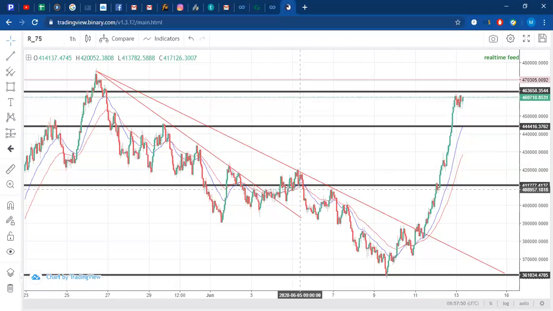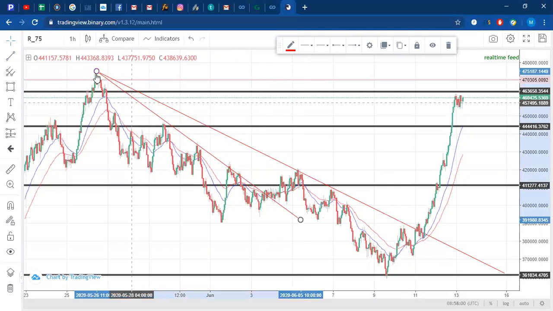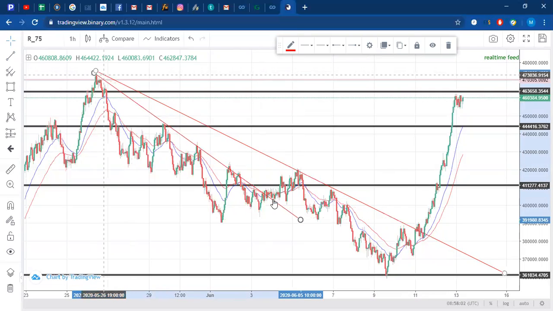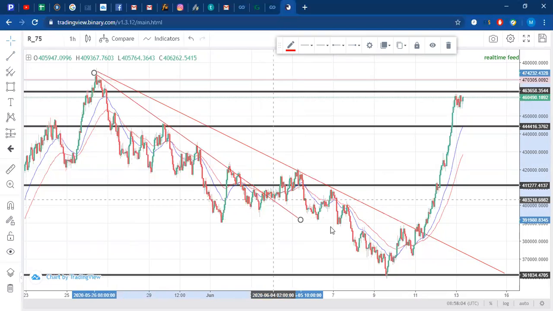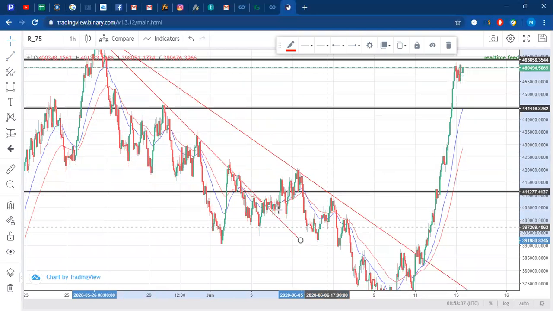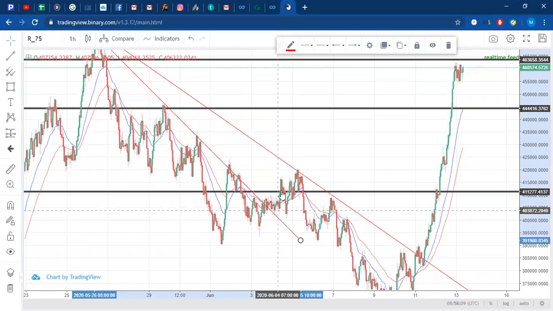Look at here. Probably you are looking at the trend line, and you'll be like, okay, the market just broke out of the trend line, I'm waiting for a retest. Yeah, the market did give you a retest here, but if you had bought and targeted the previous high, your trade would have been something like this.